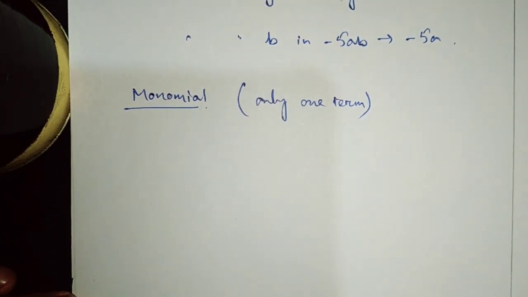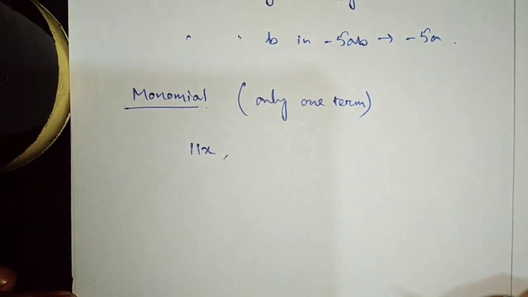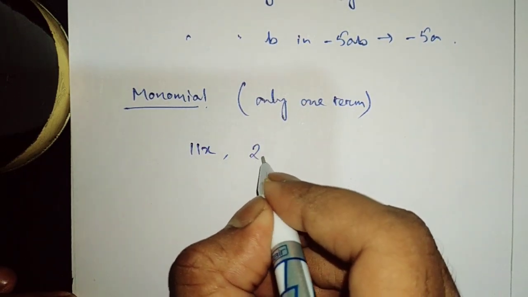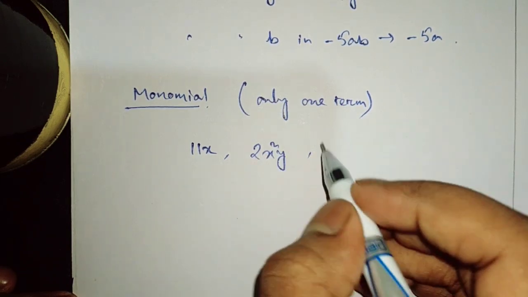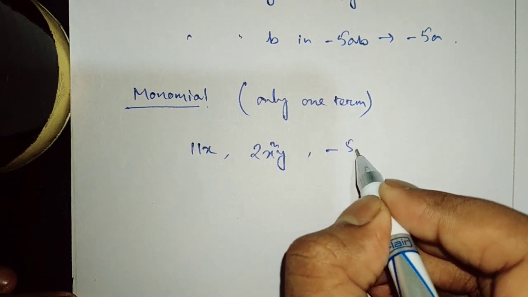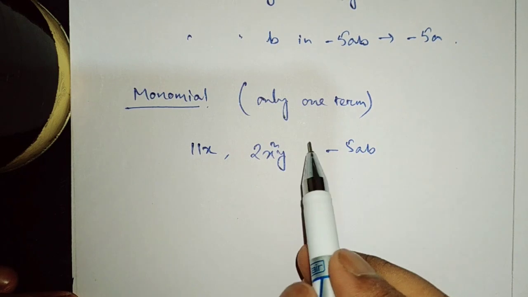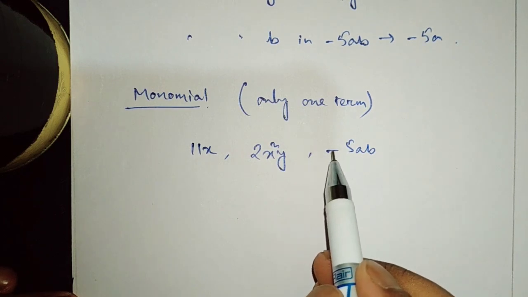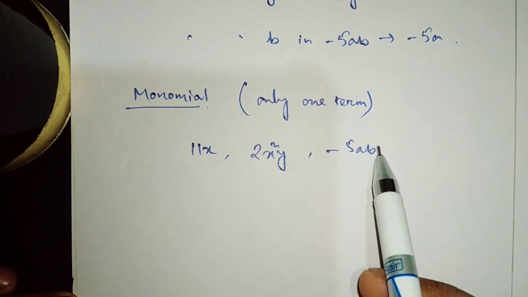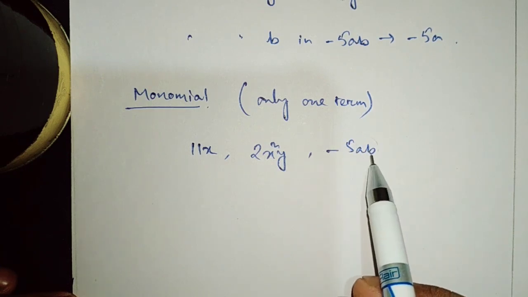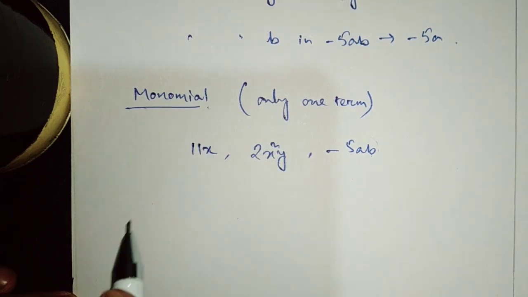Okay, so for example 11x, say 2x square y, say minus 5ab. They have only one term, although one sign is here, minus. It is not separating 5ab from any other number, so we can take this minus 5ab as only one term. So since they have only one term, they are called monomial.